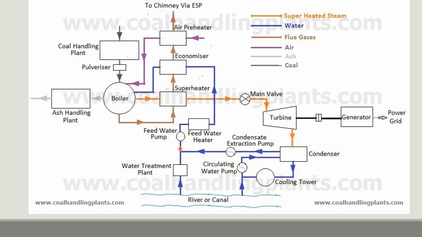So basically, water coming from this canal is first heated in the feed water heater, where its temperature is raised, and further in the economizer the temperature of the water is increased, and this preheated water is provided into the boiler, and the boiler converts it into steam, and the superheater converts the steam into superheated steam to increase the efficiency of the power plant.